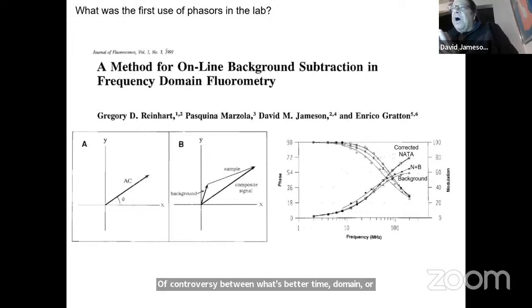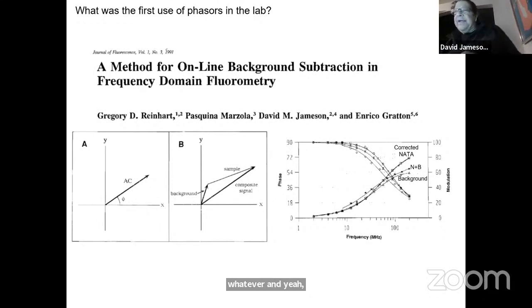And one of the arguments the time domain people used was it was very easy in the time domain to subtract contributions from the background, from random fluorescence in the background, buffer or whatever. And they said you can't do that in the frequency domain.